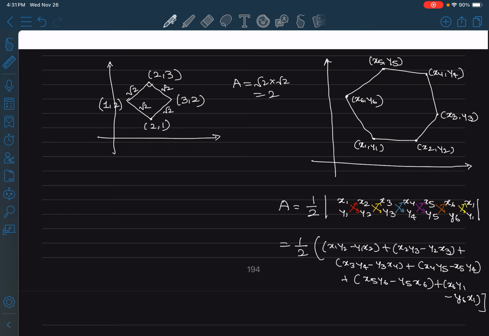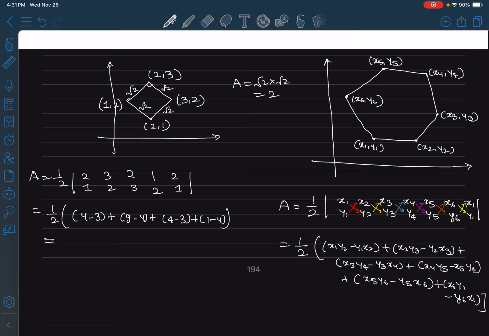So let's see what the Shoelace formula gives us. This will be area equals half, and let me write the coordinates in order: 2, 1, 3, 2, 2, 3, 1, 2, and the last coordinate should be the first coordinate, so 2, 1. Then this will be half of 4 minus 3 plus 9 minus 4 plus 4 minus 3 plus 1 minus 4.